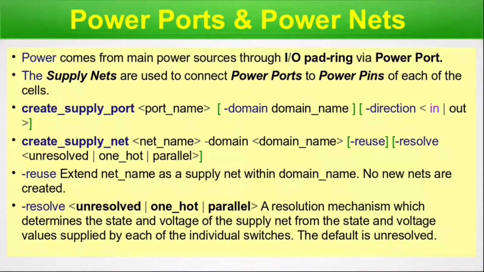That means there are multiple outputs, it is supplying one at a time, so it is functioning like a multiplexer. Next is parallel. Parallel means there are multiple outputs connected to this supply net and it is supplying all of them together. That is parallel, which is in contrast to one hot. Okay, so this is the meaning of the resolve switch.